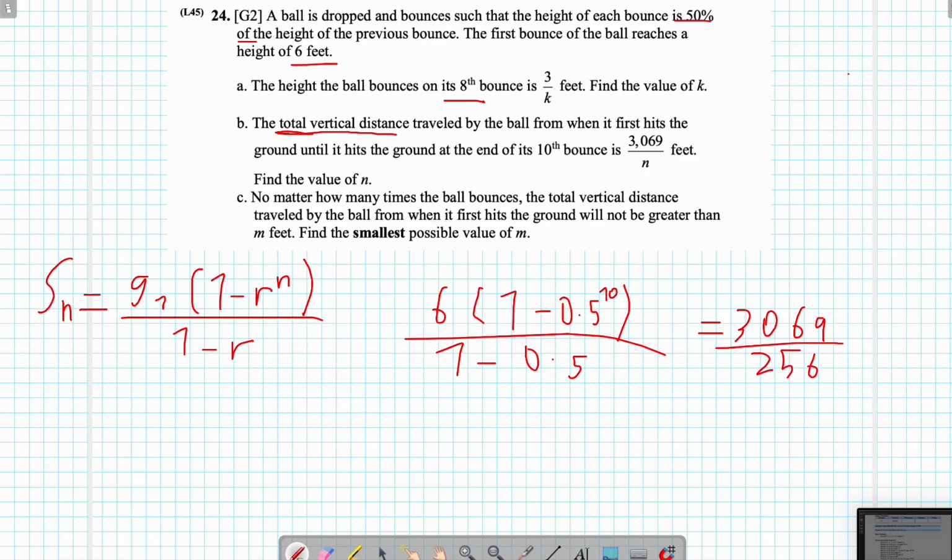Let's see, I'm dropping a ball from here, right? It's gonna go down that height, then it's gonna come back up. So we're gonna need to multiply this by 2, which is equal to 3069 over 128.